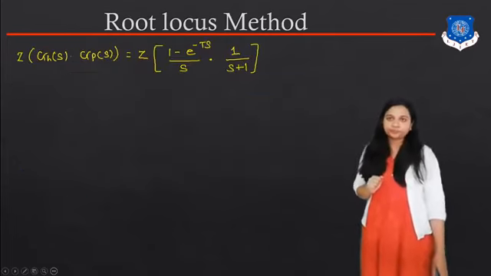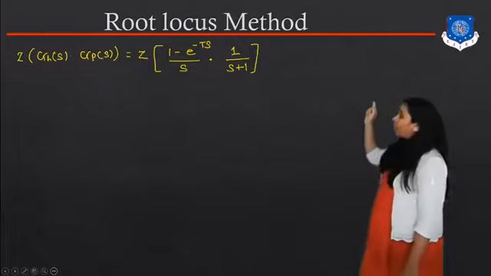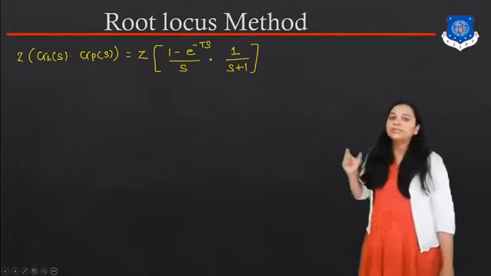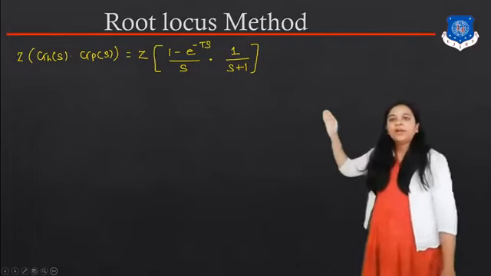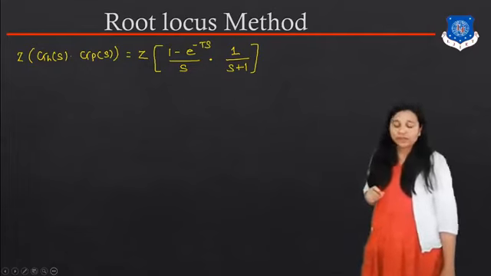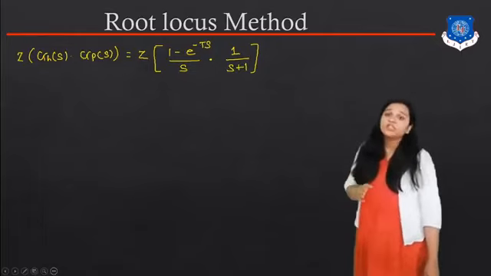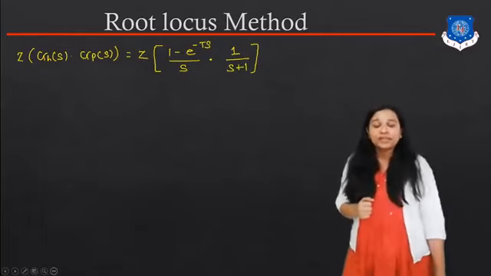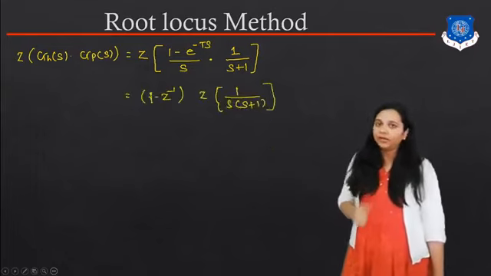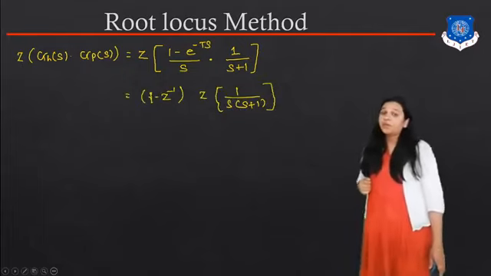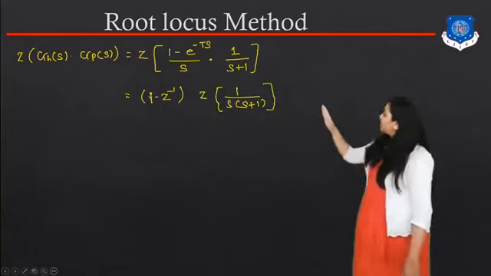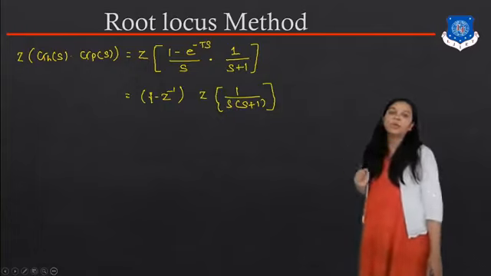For that, we have to take Z of GH(s) into GP(s), that is equal to Z of (1 minus e raised to minus Ts) upon s into 1 upon (s plus 1). Now as you know, the Z transform of 1 minus e raised to minus Ts is nothing but 1 minus z inverse. Now our next target is to find the Z transform of this expression 1 upon s into (s plus 1).